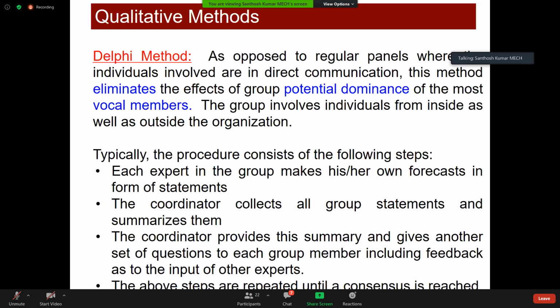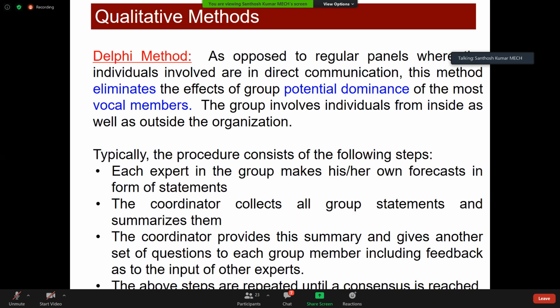This is very important for any company, otherwise these kinds of problems will arise. So most companies directly involve the department heads when they are taking orders. That room we call the war room in industries. Typically the procedure consists of the following steps.